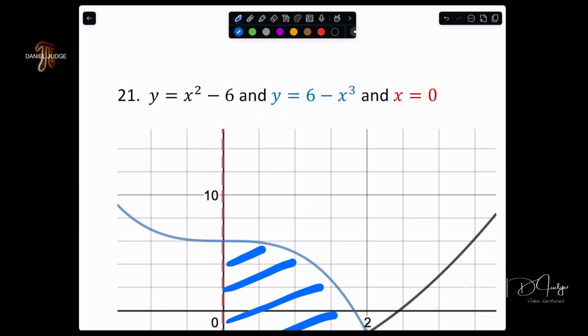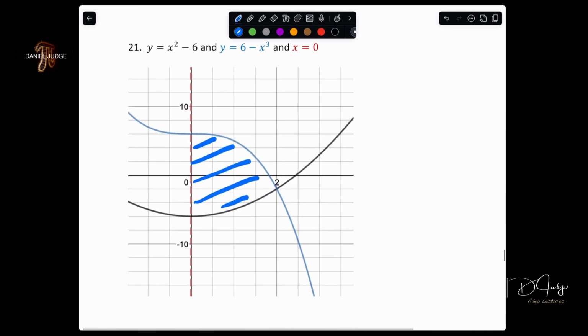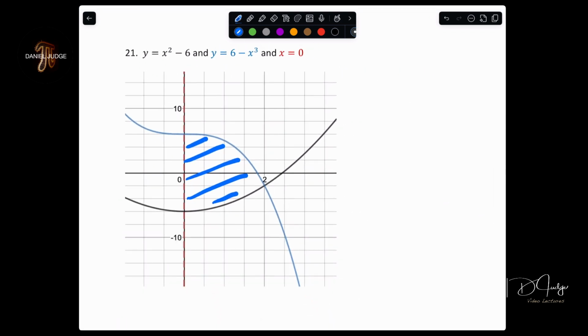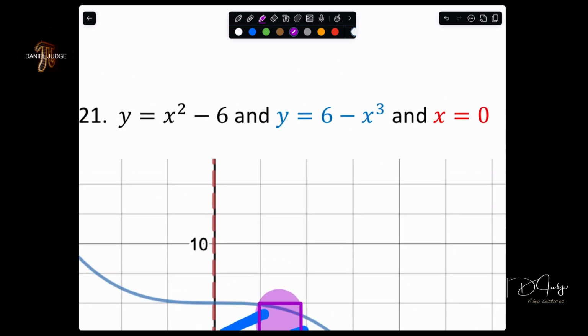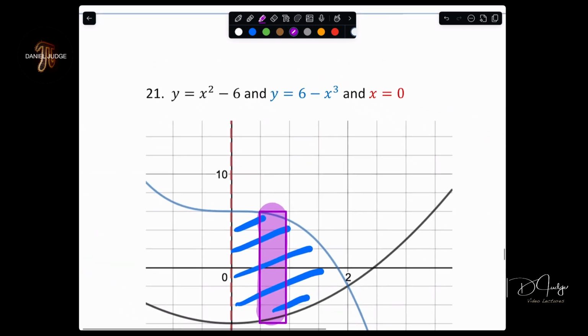Okay, the bounded area, the x equals 0, that's the y-axis. And they give you y as a function of x. So now your approximating rectangles are back to being vertical. And you might say, well, why is that? Because of the fact that you got y is a function of x for both of these.